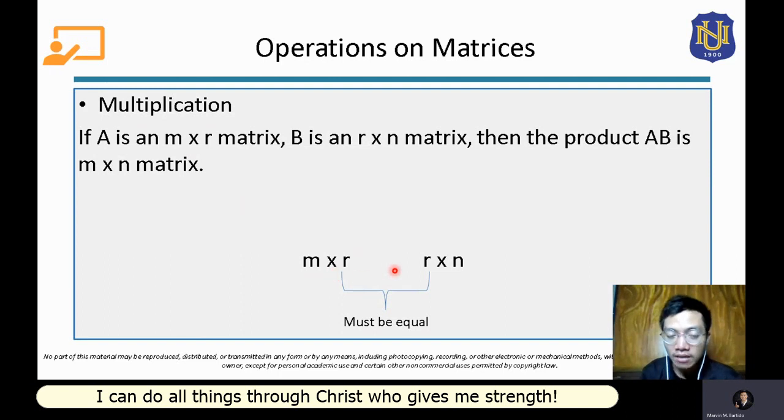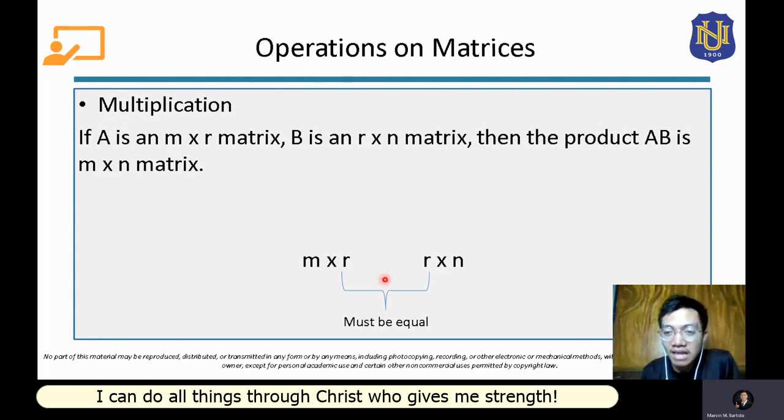So the arrangement of how you multiply matrices is also important, because if R by N is put in the first position and M by R in the second, the column of the first matrix, which is N, will not be equal to the row of the second matrix, which is M by R. So the arrangement is important for multiplying matrices.